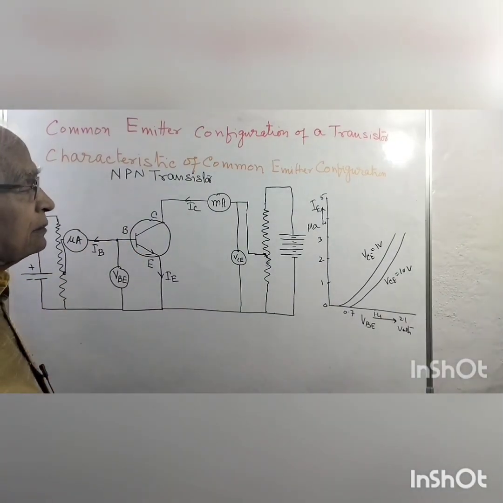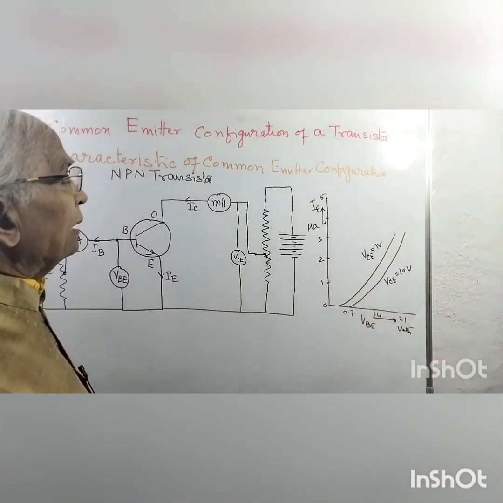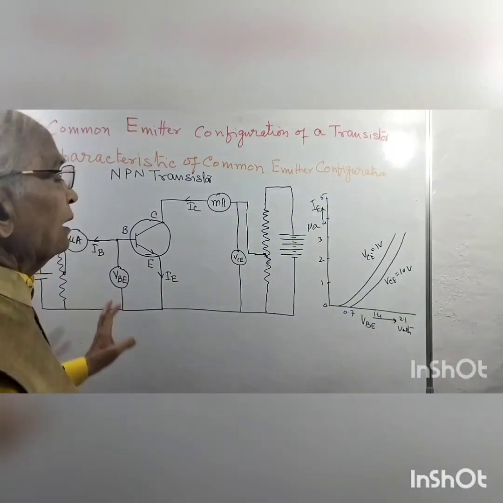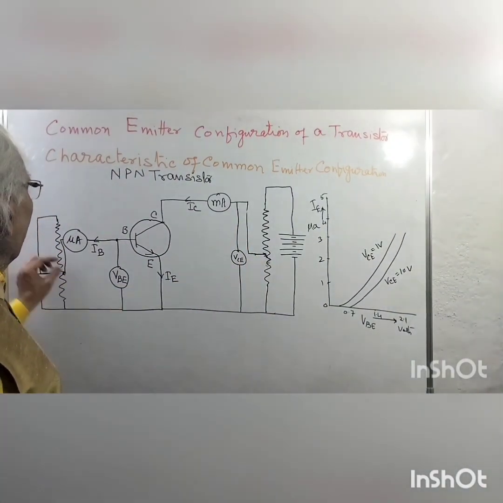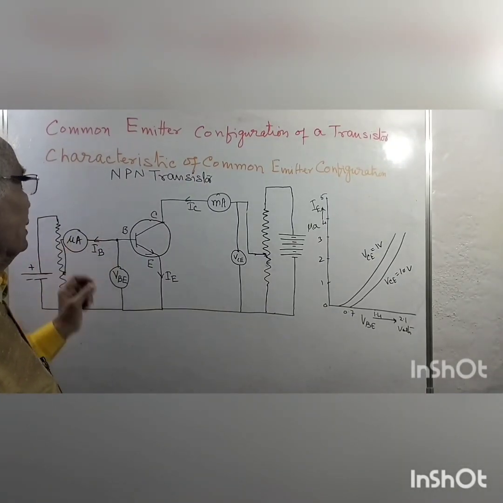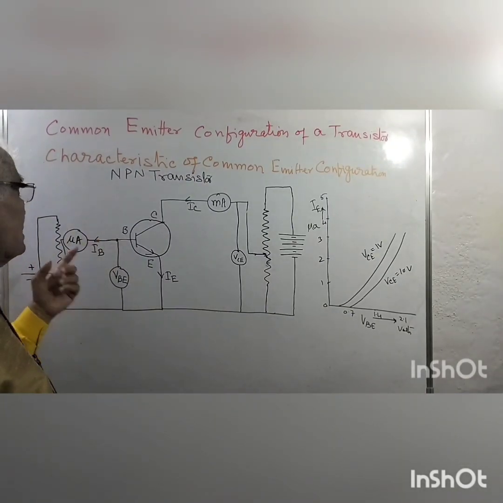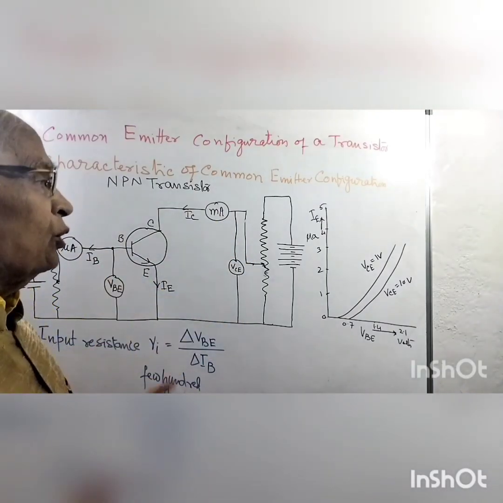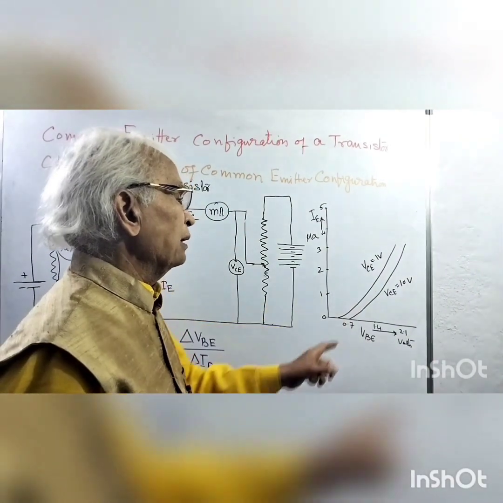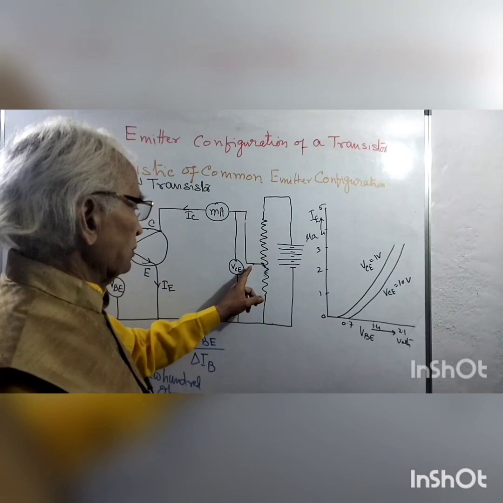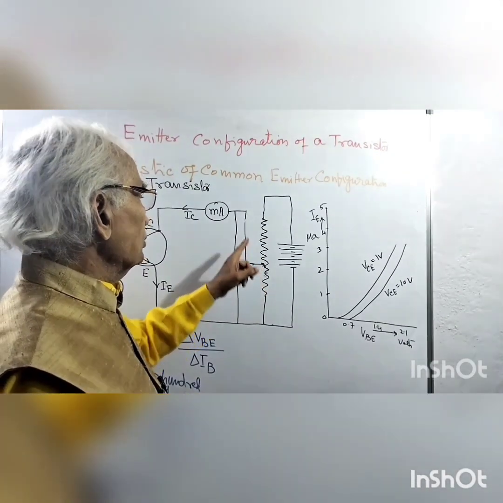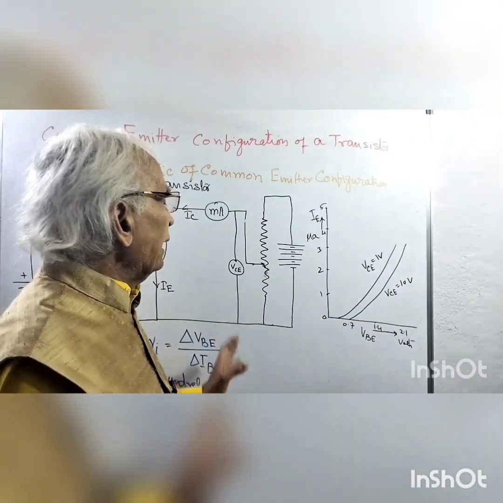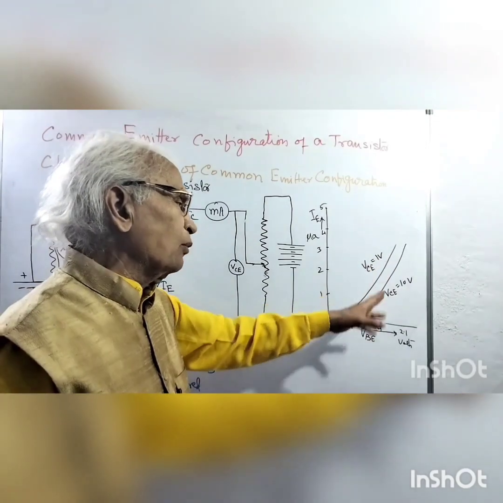Now the characteristics are that while keeping VCE constant, meaning the voltage here fixed, we see how IB varies by changing the potential between B and E. Look at the graph: keeping VCE constant, we set this divider here so that the voltage VCE is say 1 volt, that is a minimum, and then put 10 volt or 12 volt or 15 volt, constant.